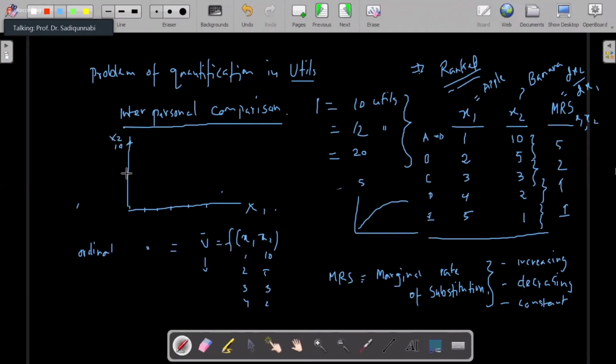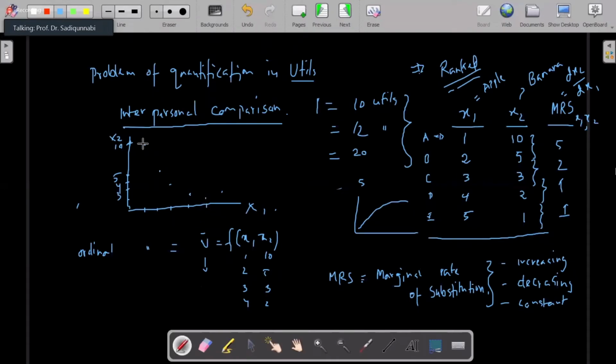In the middle it is 5, maybe 5 here, 4 maybe here, 3 maybe there. So for 1 it is 10 here, for 2 it is 5 there, for 3 it is 3, maybe this, for 4 it is 2, maybe this, for 5 it is 1, maybe this one.